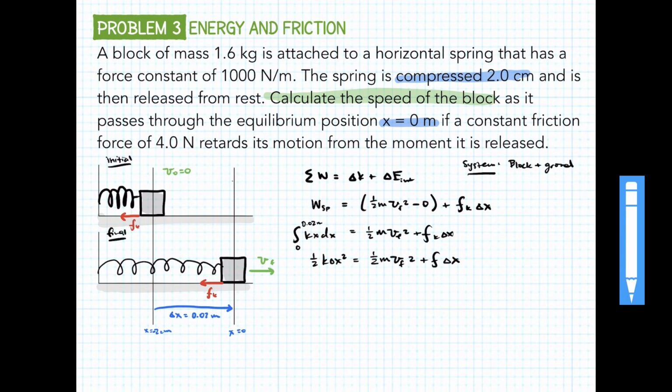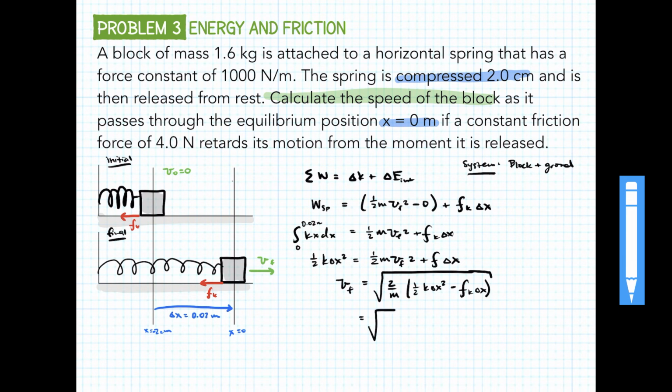We solve this for our velocity because that's what we're trying to find, and that gives us v equals the square root of 2/m times 1/2 k delta x squared minus friction delta x.